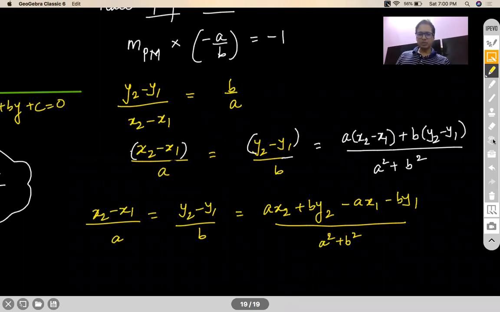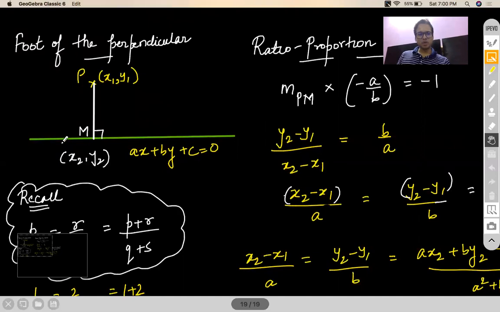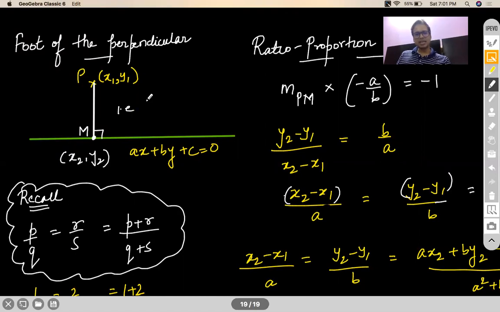Now, all of you please come back to this diagram. You would realize that M should satisfy this line, isn't it? That means ax2 plus by2 plus c would be equal to 0. In other words, ax2 plus by2 would be equal to negative c, correct?